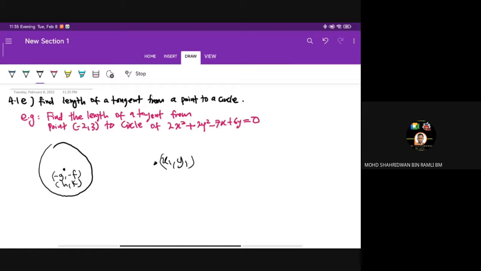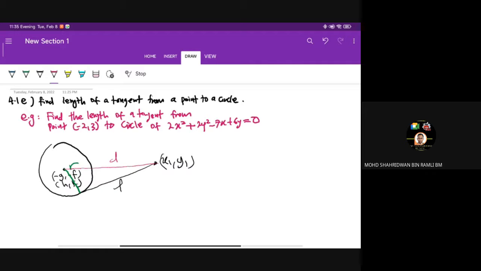Let's say this is your tangent. You need to find this line. When you connect from this line to the center, we call it the radius. And then this is another line from the center to this point.